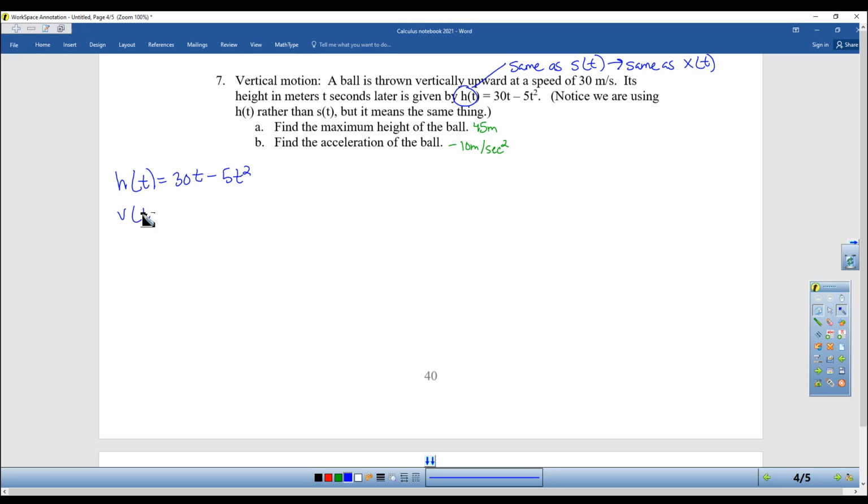So velocity at any time t is going to be 30 minus 10t, and the acceleration is going to be negative 10. Notice that the t is no longer in the acceleration equation. That means the acceleration doesn't change depending on t. Acceleration is a constant, kind of like if I gave you the question graph y is equal to negative 10, you'd say, oh, that's a horizontal line at negative 10.